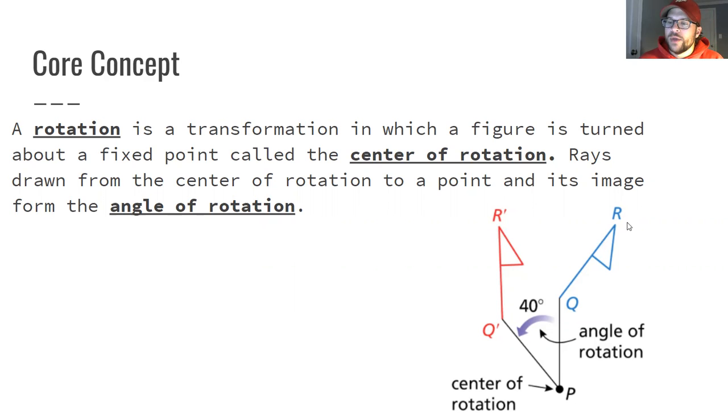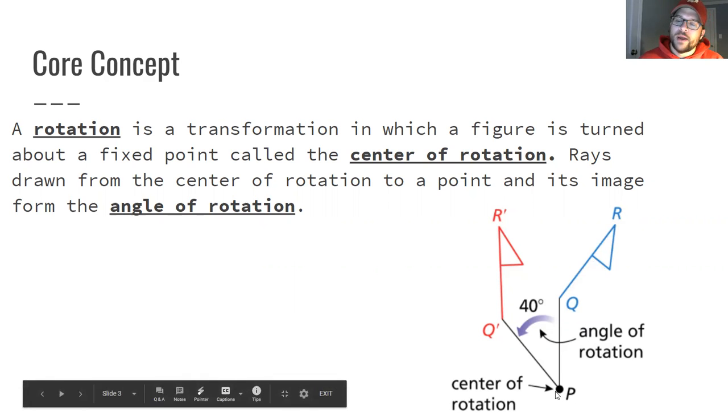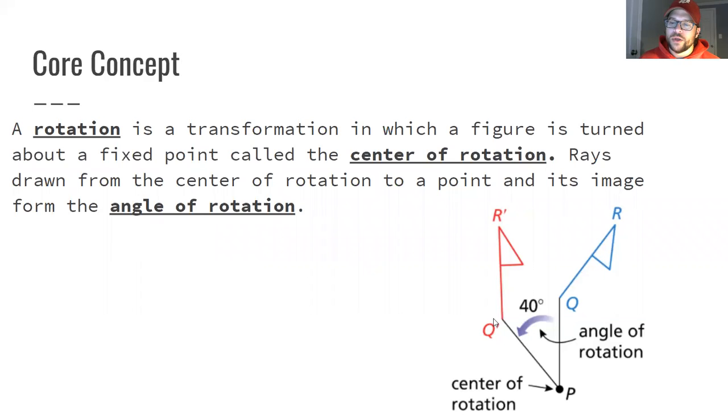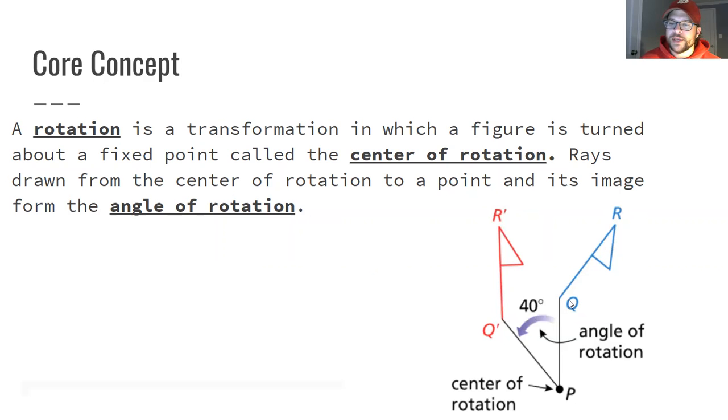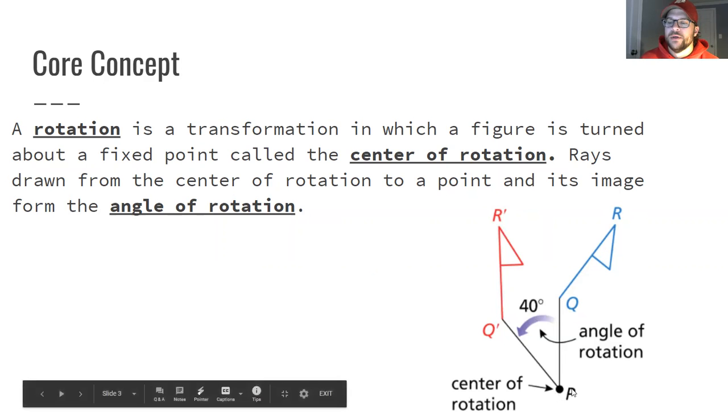So in this diagram, we have this RQ triangle with a line figure, and it is being rotated around this point P, which is the center of rotation, 40 degrees counterclockwise.